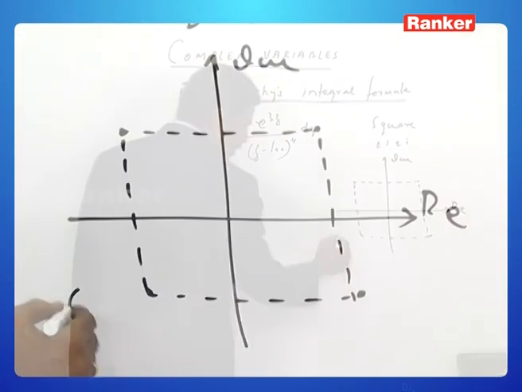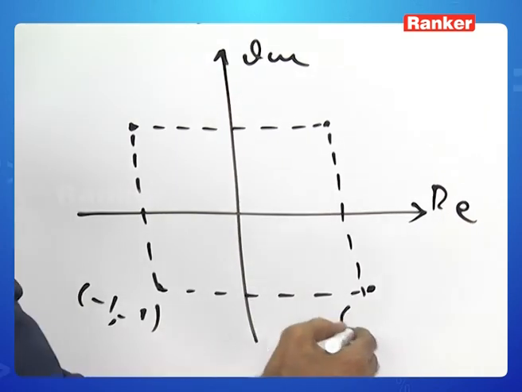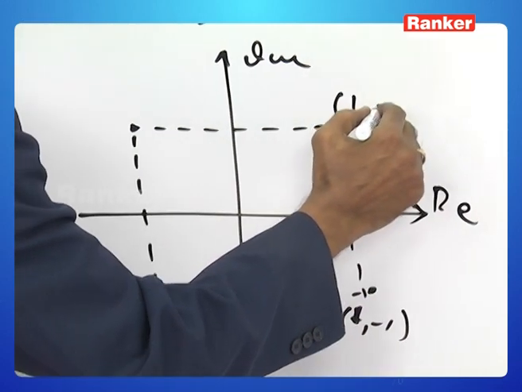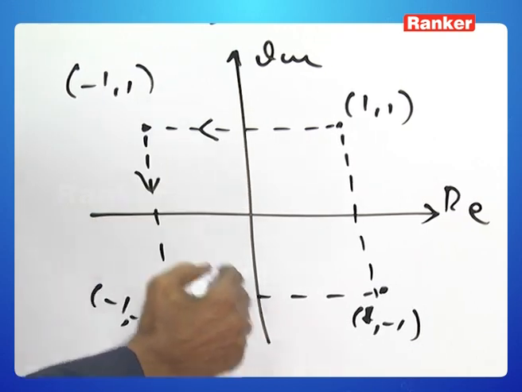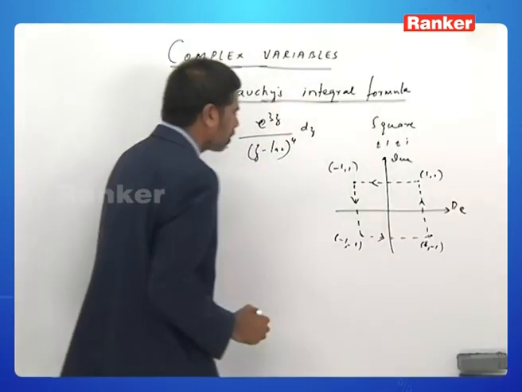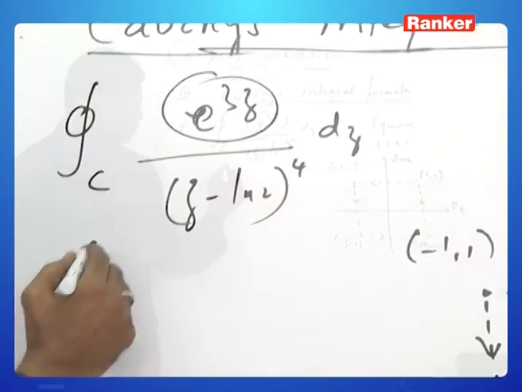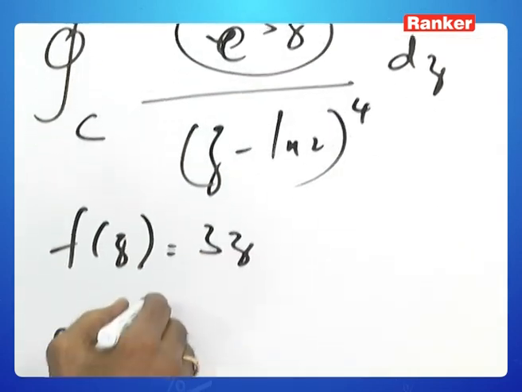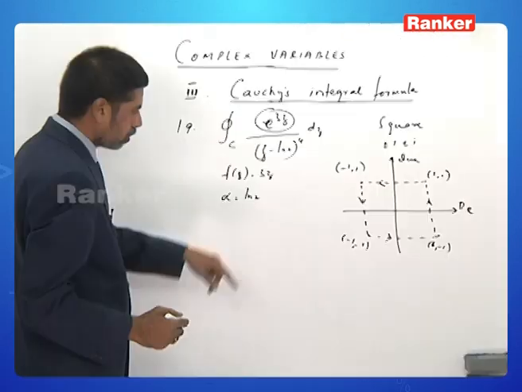So these are the corner points of the square. Let us take this numerator as f of z. We'll check whether the singularity alpha is equal to log 2 is inside the contour.